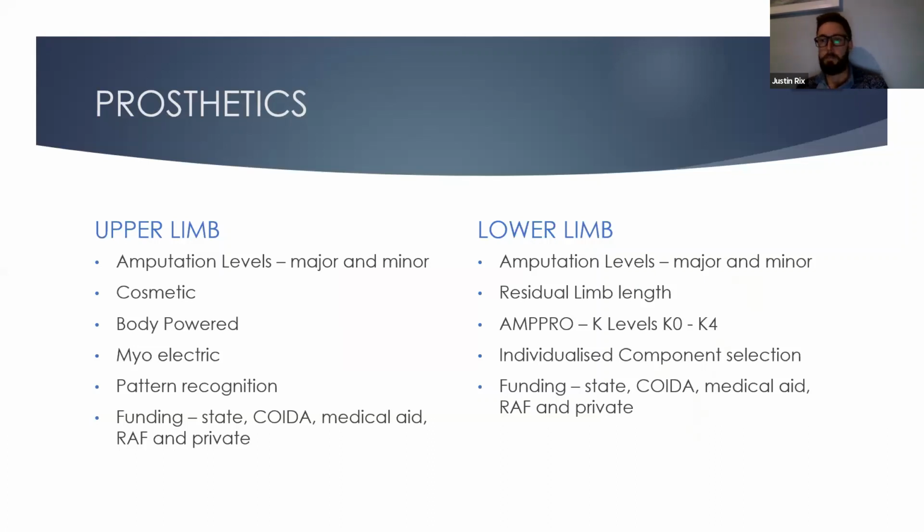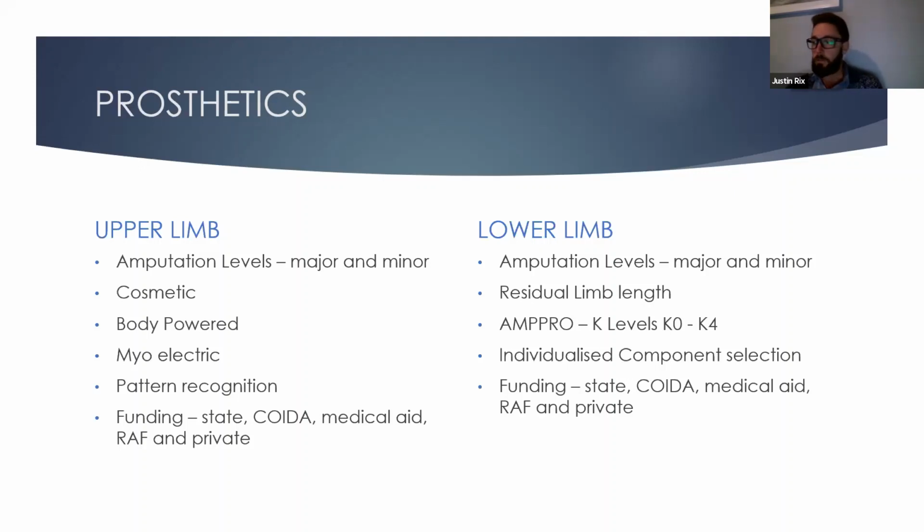Cosmetic, body-powered, myoelectric, or we are looking at pattern recognition, which is some of the newest technology that's coming available on the market today. For lower limb, we are looking at various different amputation levels again, with major and minor.